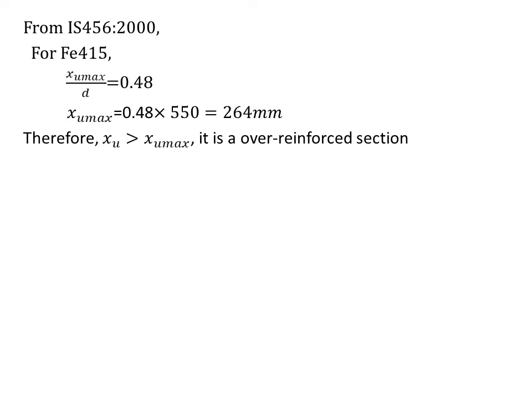When it is an over reinforced section, we have to redesign it. There's a procedure for redesigning, but here they have only asked us to find the moment of resistance. In an over reinforced section, if we don't redesign it, the failure will take place without warning and the building will collapse. So we have to find the moment of resistance before collapsing.